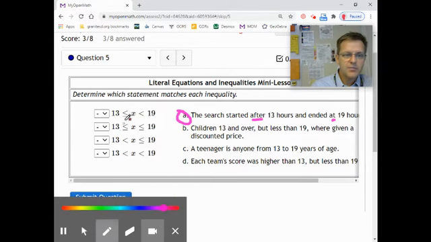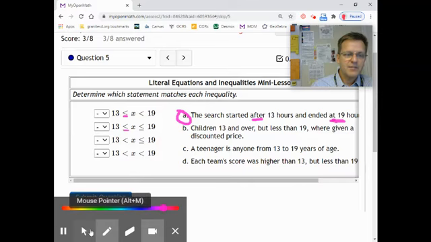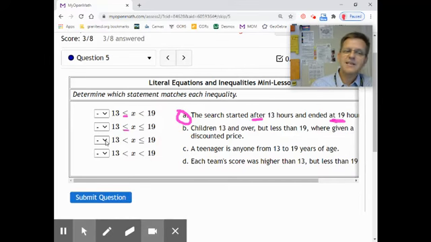How do I know? Because of this equal sign here, right? So if I want 13 to be not included, then I've got to pick one of these two. And then it says it ended right on 19 hours. That means 19 is included. So 13 is not included, but 19 is included. Well, that has to be this one right here.